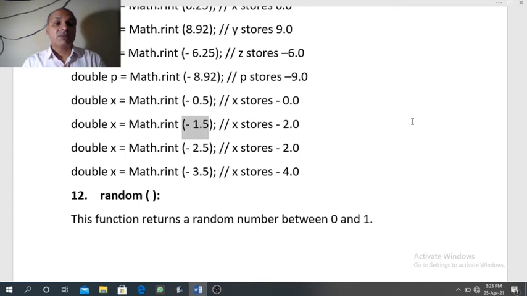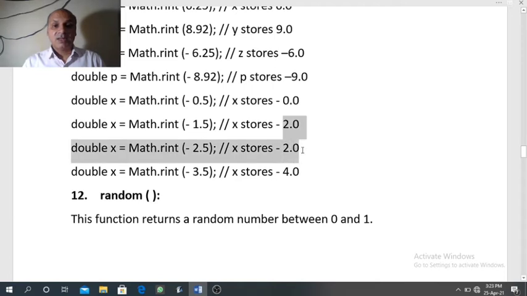So between -1 and -2, nearest even integer will be -2. That is why we are getting -2.0. In case we have -2.5, it belongs between -2 and -3. So nearest even integer is -2. That is why we are getting -2 here. So you can see the change here. In both the cases, we are getting -2.0.